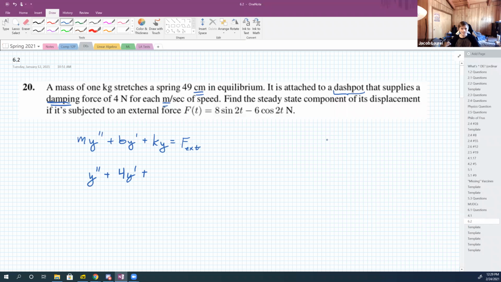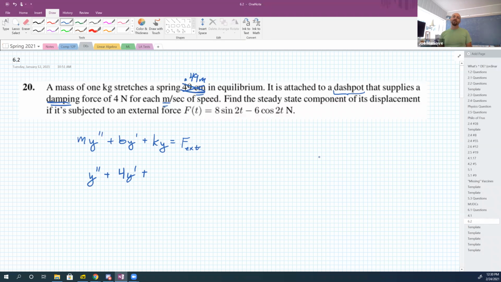Okay, so let's go figure it out. Oh, sorry, I forgot gravity. That's my problem. So my mass of 1 kilogram stretches this spring 49 centimeters in equilibrium. So I'm going to ditch 49 centimeters and put 0.49 meters, right?